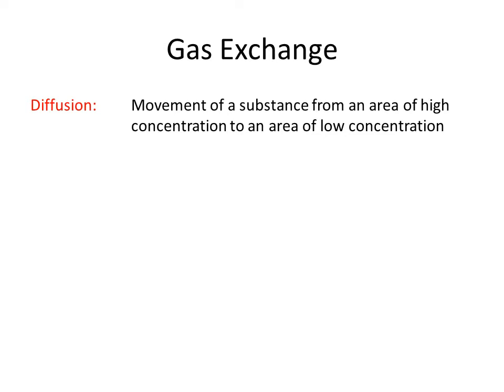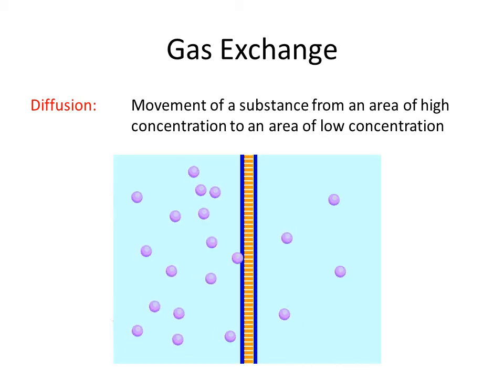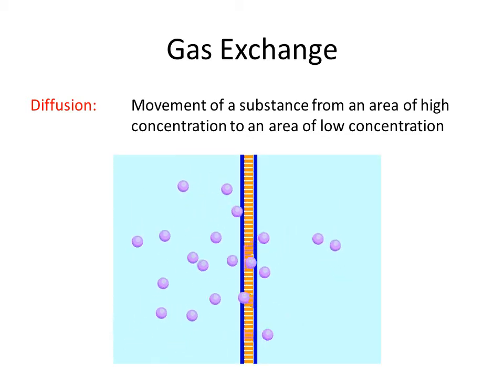So gas exchange, what's involved? Diffusion, you will remember, hopefully, is the movement of a substance from an area of high concentration to an area of low concentration. Here is a GIF showing diffusion.